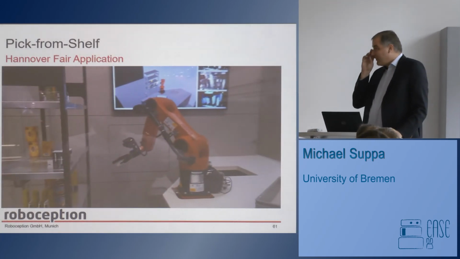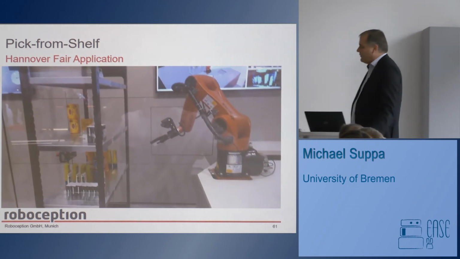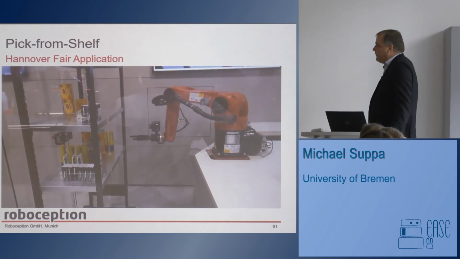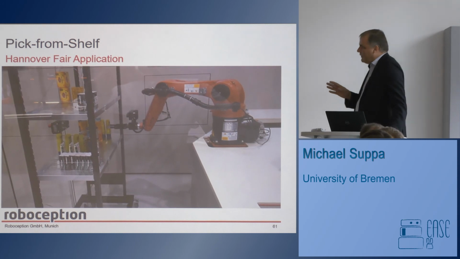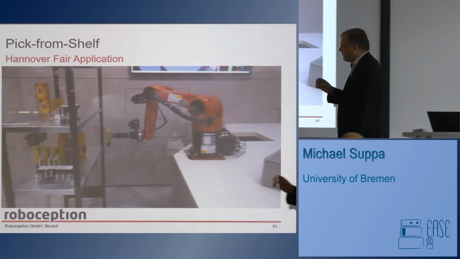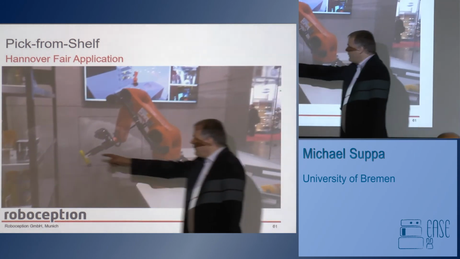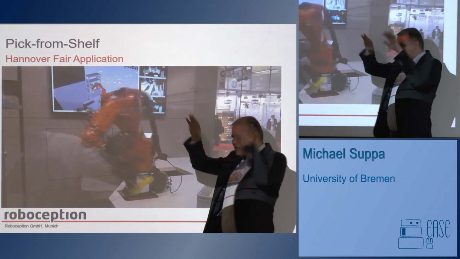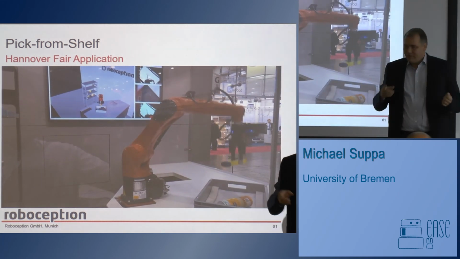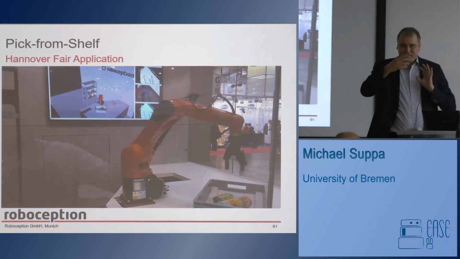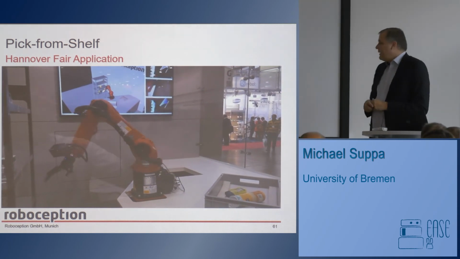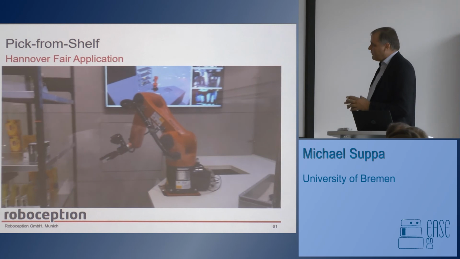Let me show you a short video on that. This is what we exhibited also at Hanover Fair. Basically, we are having models of all our items. We are using these April tags for large scale items. So you can move the shelf and the shelf position is detected by the April tags we have on top of that.